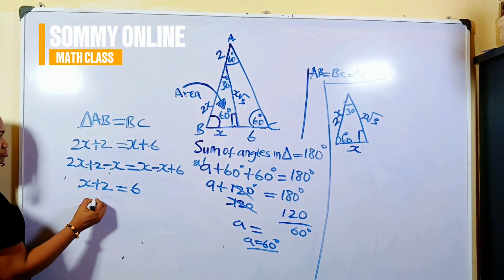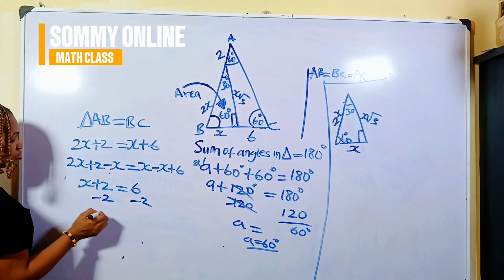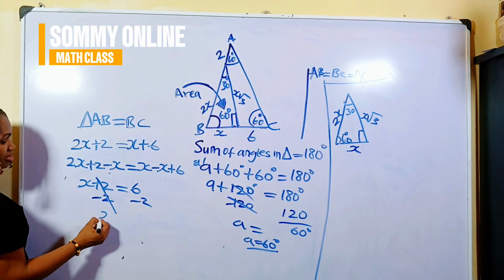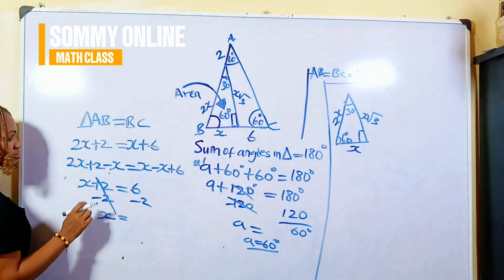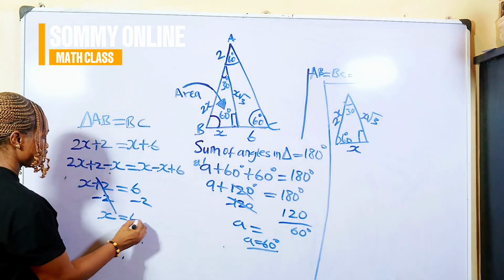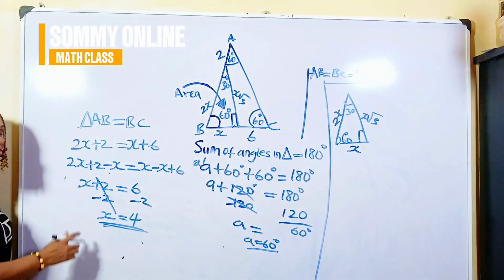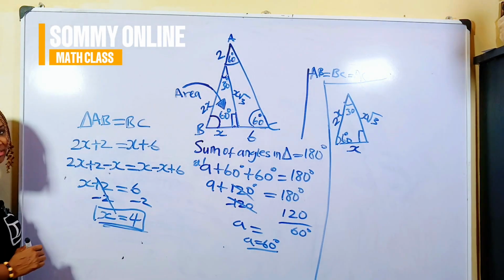This cancels out. We now have S equals 6 minus 2, which is 4. This is the value of our S.